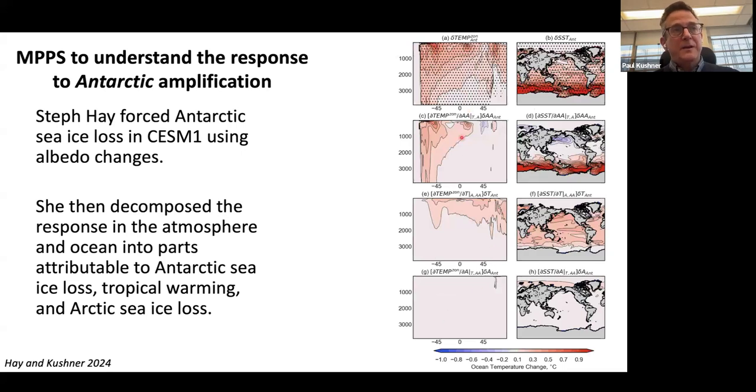We applied this same technique to the oceanic responses. So this is the zonal mean ocean temperature response to Antarctic sea ice loss, and the surface is on the right, all right? And it's the same kind of decomposition. So much of the warming signal that descends at depth here in this model, and this is the CSM1 model again, is attributed to Antarctic loss, but that extends well into the tropical regions, right?